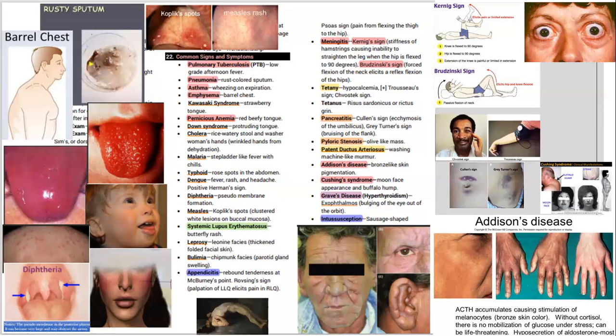Pernicious anemia is a condition in which not enough red blood cells are produced due to the deficiency of vitamin B12. So the major underlying cause of pernicious anemia is deficiency of vitamin B12. And when you examine the patient, you can see their tongue is a red, beefy tongue.